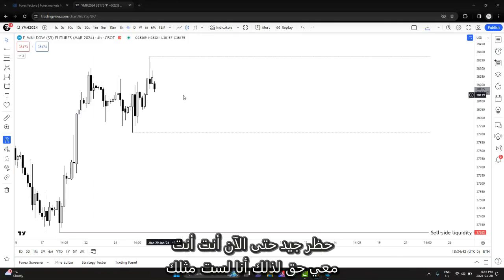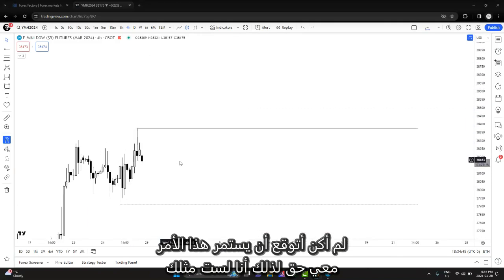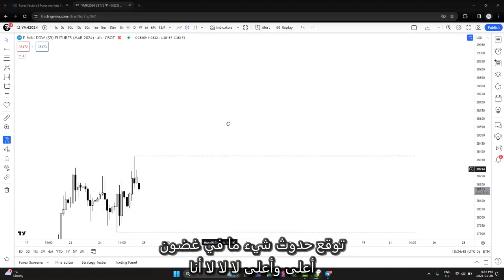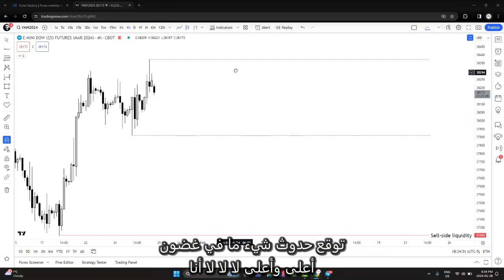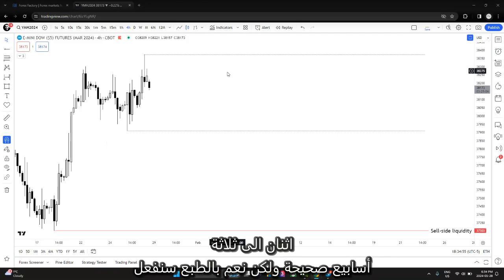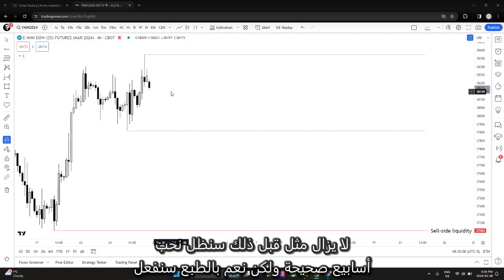So I'm not expecting this to just be continuing higher and higher. No. I'm expecting something to happen within the next two to three weeks, right? But of course, before that we'll still see setups on the lower time frames, right?